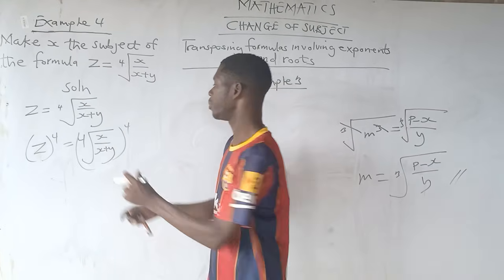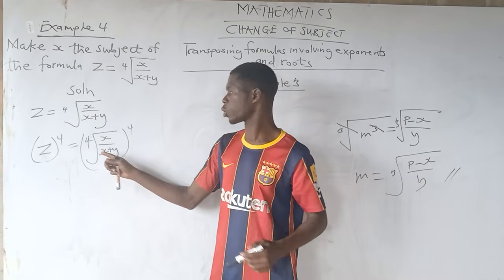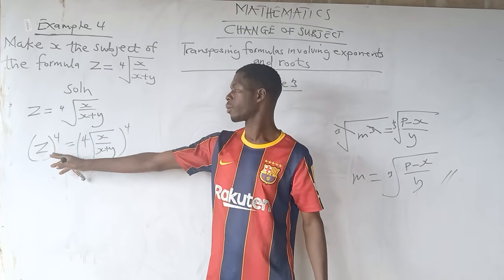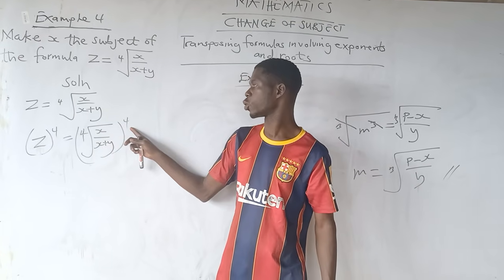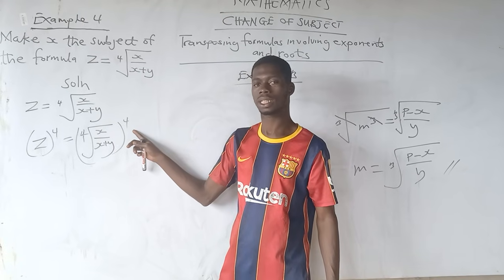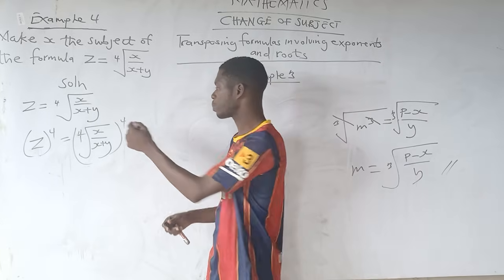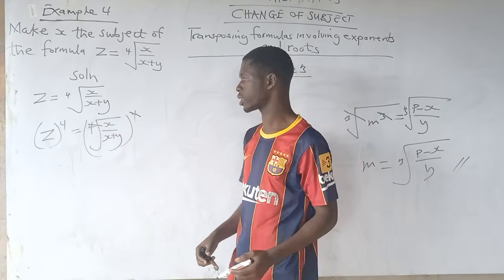For you to eliminate the root, bring power 4 to this z and power 4 to this one as well. So we bring power 4 so that this power 4 can cancel or eliminate the fourth root.